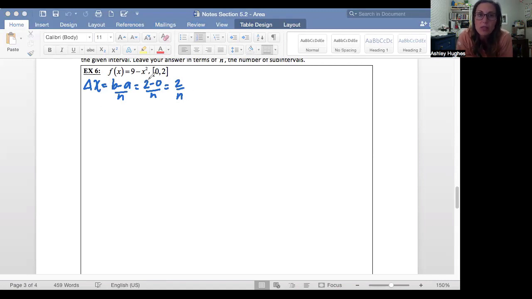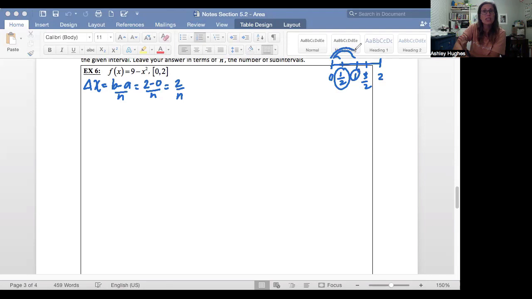Now, when we go to plug in our values, we have to figure out what we are going to plug in. If you remember earlier, I had 0 and 1/2 and 1 and 3/2 and 2. And so we added delta x to get what we plugged in. We plugged in f of 1/2. Then we added 2 delta x to get the second term, 1.